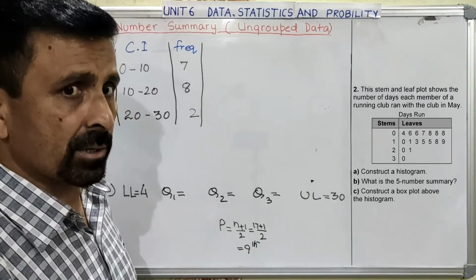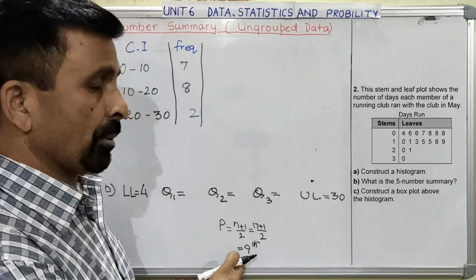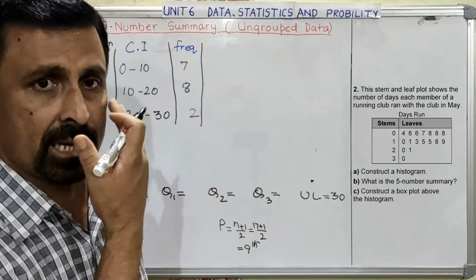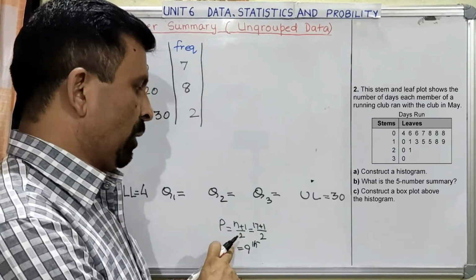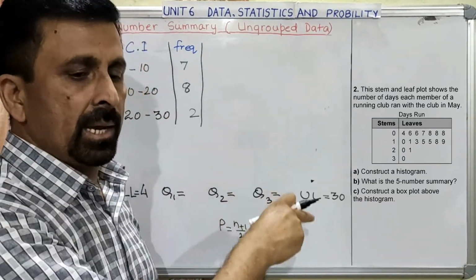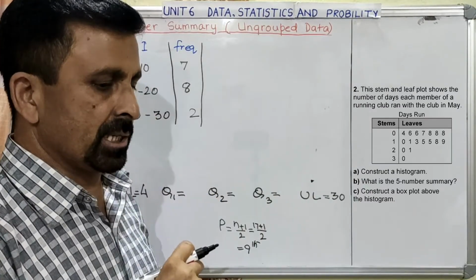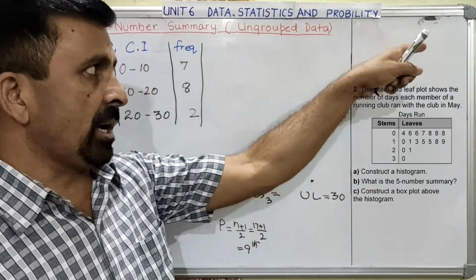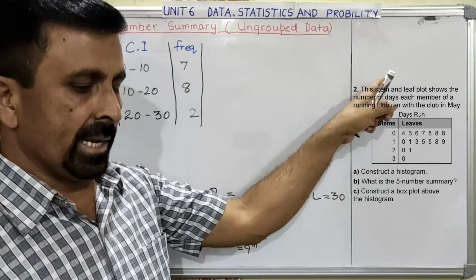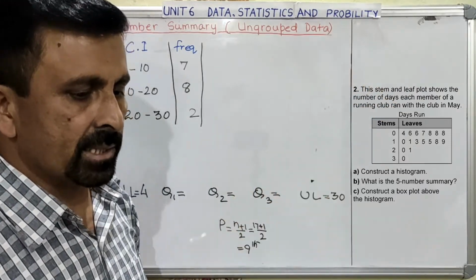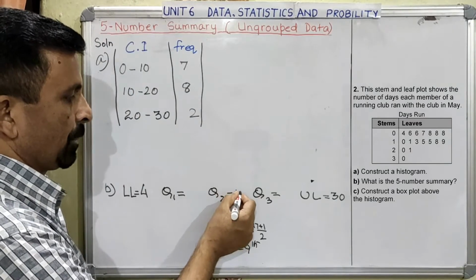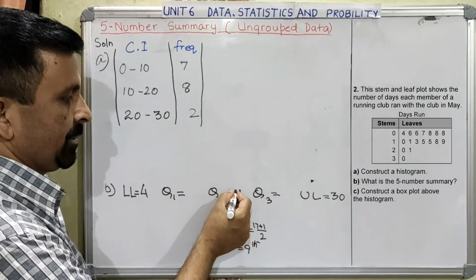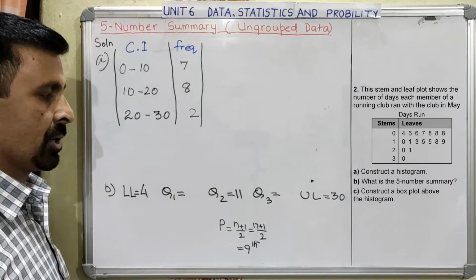Please note, some of the students, after calculating the position itself, think that it is a quartile. This is not a quartile, this is only a position. Now what you can do is go to your stem and leaf plot and count the data up to the 9th position. In the first row you have 7 data, then 8, and then the 9th. So the 9th data you have is 1, 1, 11, and this becomes your Q2.